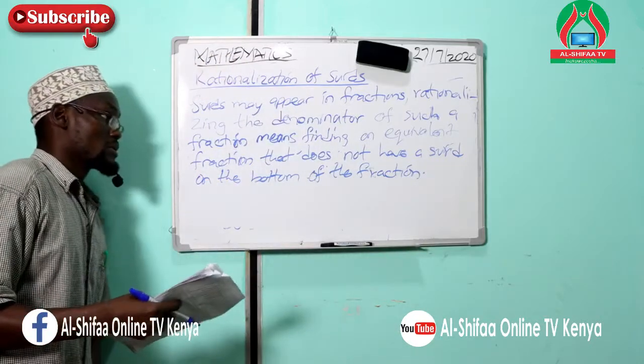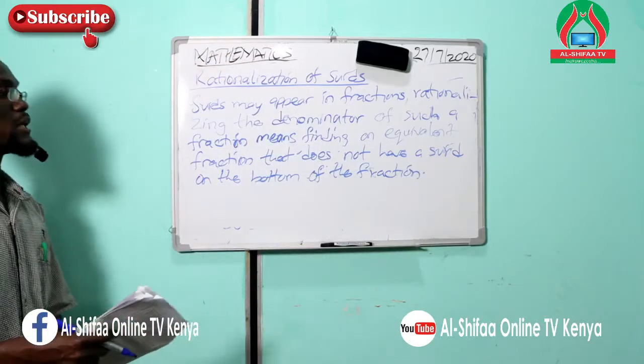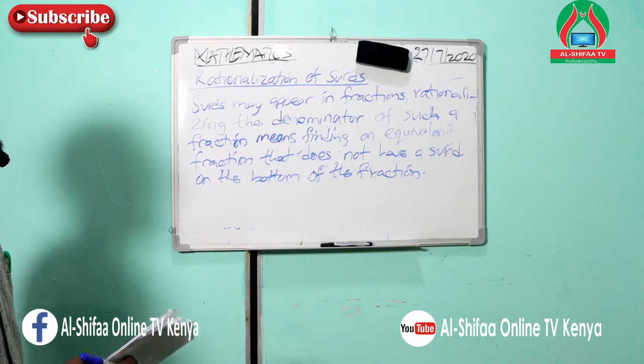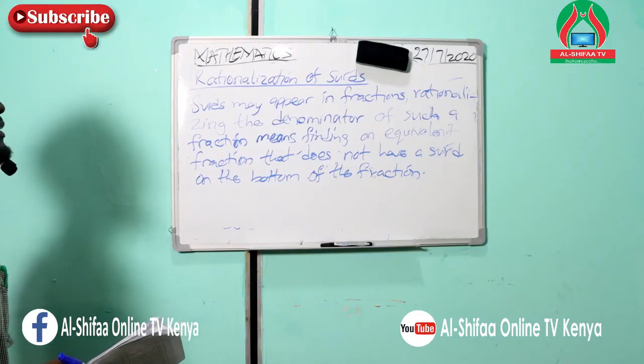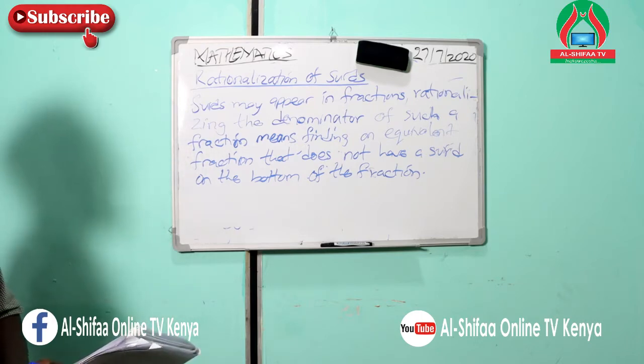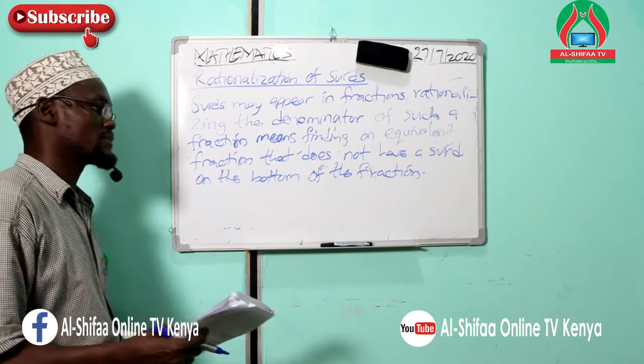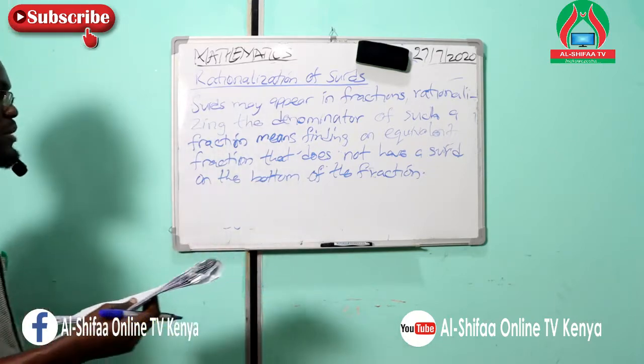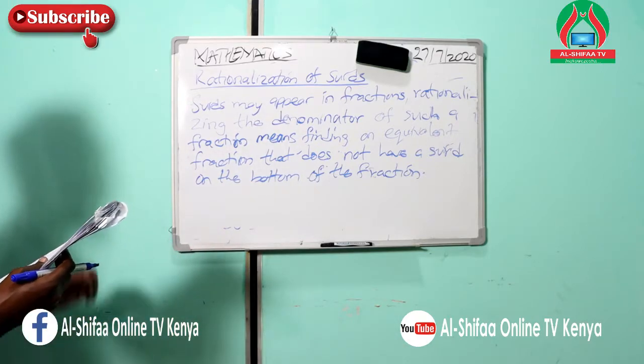Okay, we are told that surds may appear in fractions. Rationalizing the denominator of such a fraction means finding an equivalent fraction that does not have a surd on the bottom of the fraction.